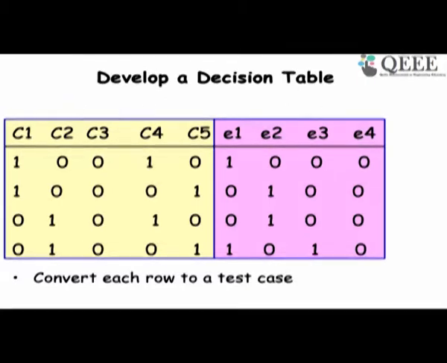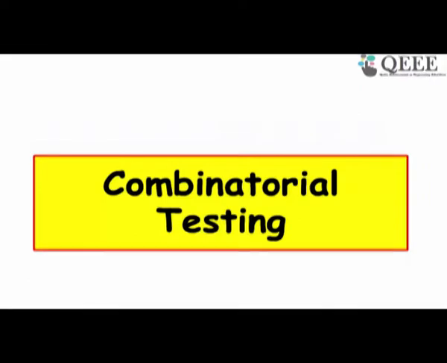So the cause effect graph in a sense gives an optimal set of test cases, whereas in a decision table we might have to optimize ourselves, otherwise we will end up with an exponentially large number of test cases. So now let us look at combinatorial testing.